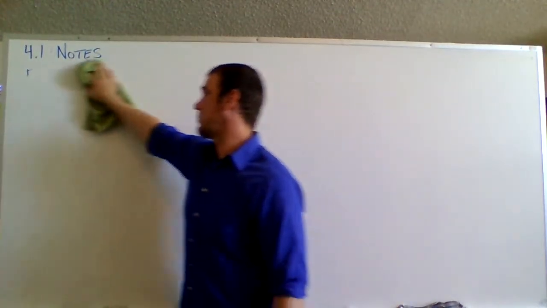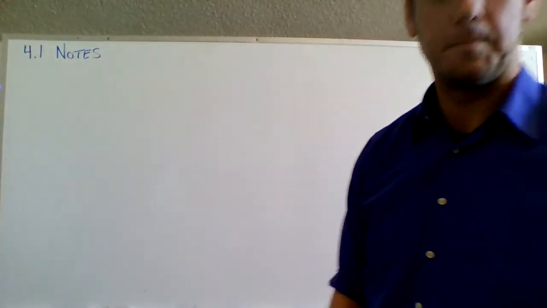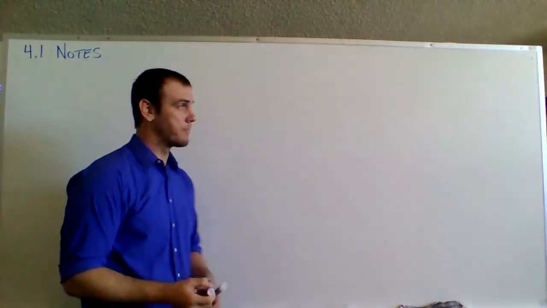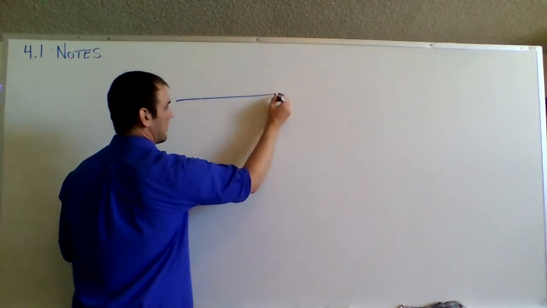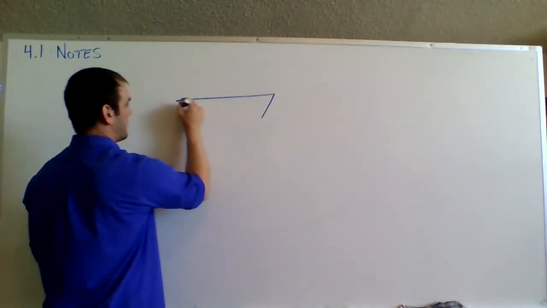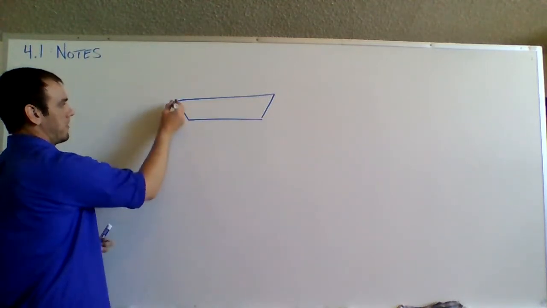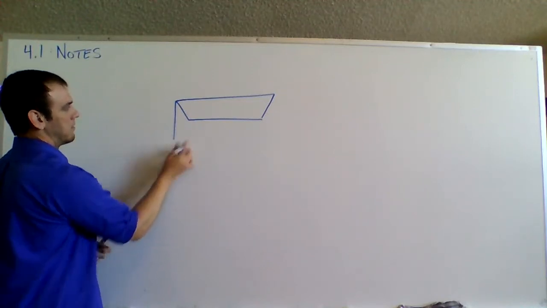Now, what is a prism? Basically, it's a three-dimensional trapezoid thing. The base is going to be a trapezoid, and you're just going to have a height to it as well. So, this crazy shape. That's going to be the top of it. I don't want to make it that tall.